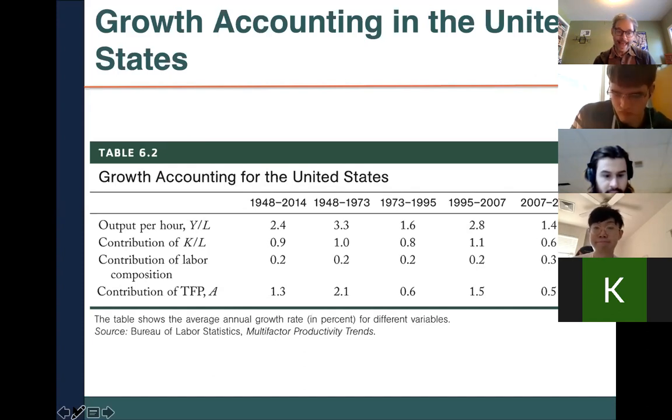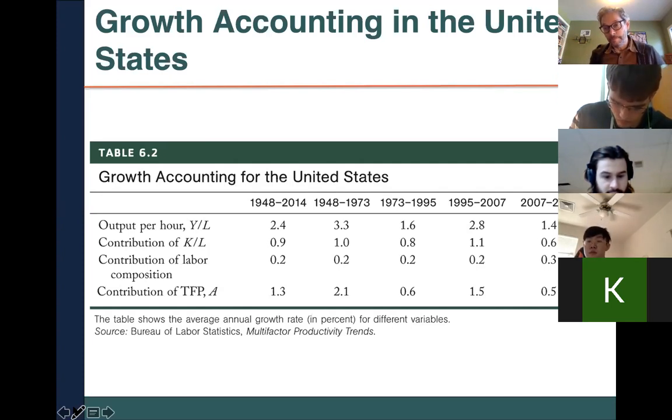It says A there, but we're using the B, right? That's B in our model. So what's the immediate takeaway from this? More than half of growth is attributable to total factor productivity. Total factor productivity is responsible for most of growth.